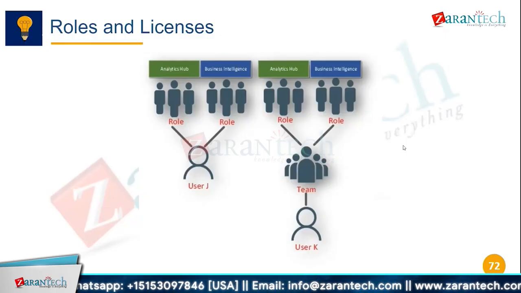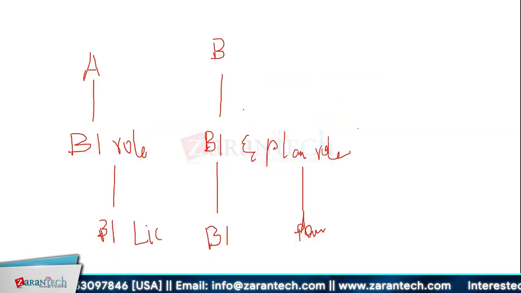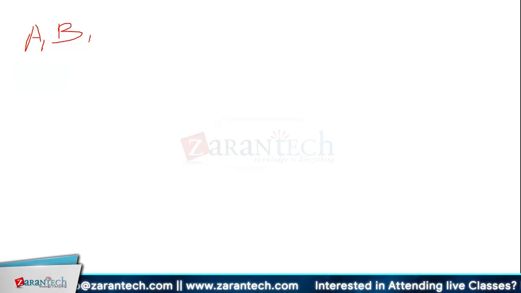I will tell what is a named user and concurrent user. So named user means, basically, let me roll back these changes. So you have users A, B, C, for example. What does named user mean? A named user is where you directly assign the licenses to these people.